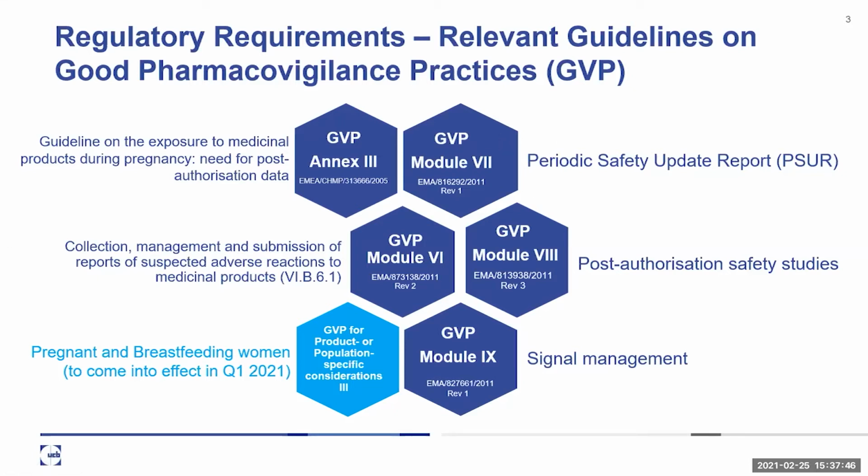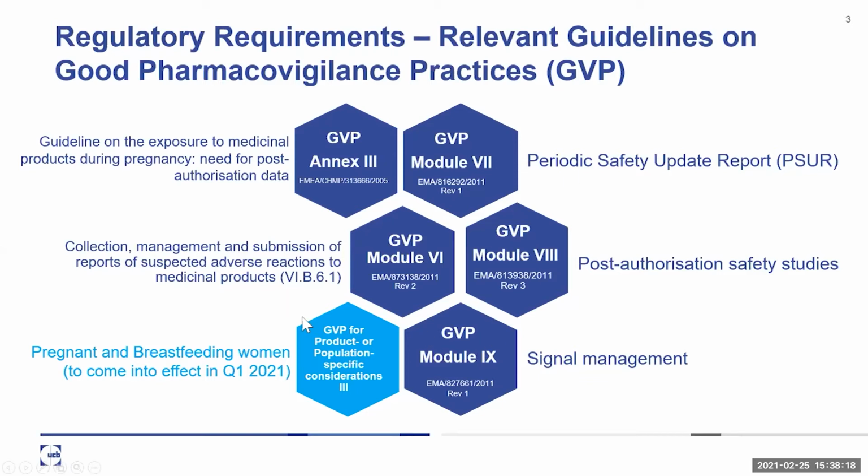Then module 8 is about the different post-authorization safety studies, and I think we had already some explanations about those different type of studies. So the registries, the cohort studies, the case control study, the clinical trial, the drug utilization study. So all these kind of studies can address the question related to what is the safety of your product during pregnancy.